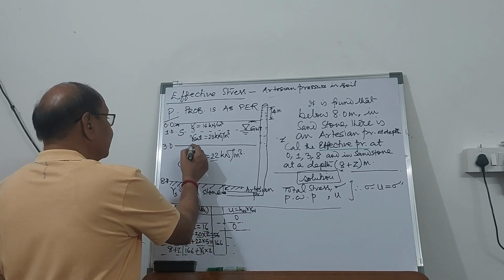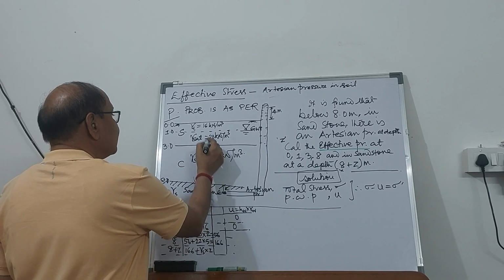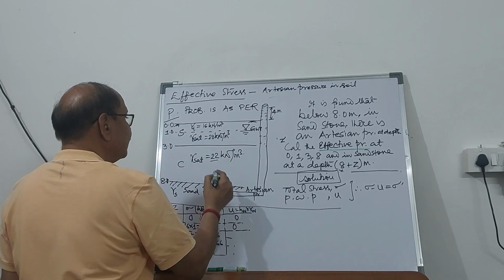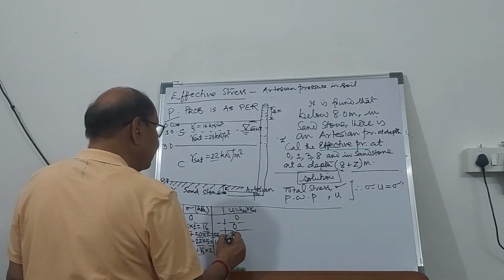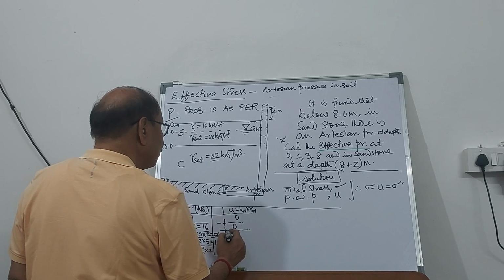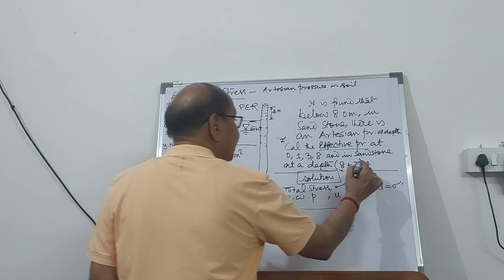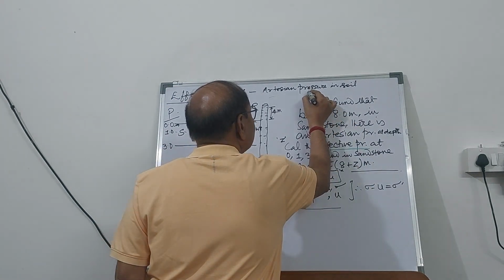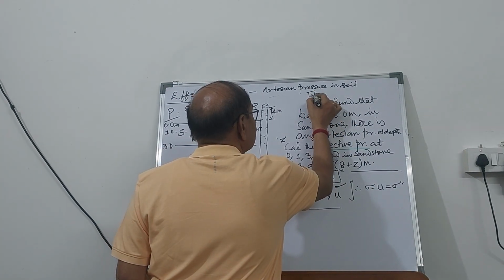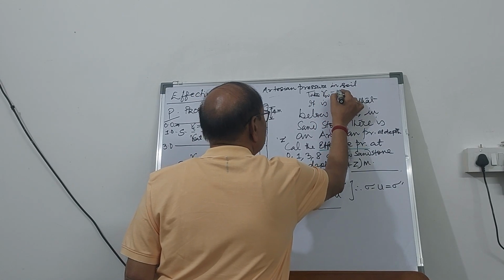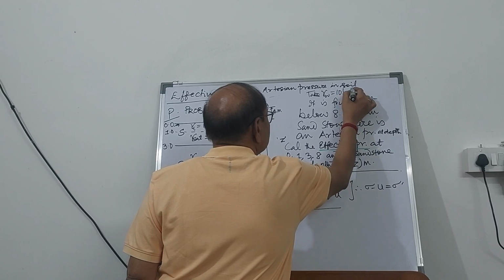At 3 meter, if you come over here and insert a piezometric tube, the water will rise up to 2 meter. So it is going to be gamma HW, HW becomes 2, and gamma W, the unit weight of water, equal to 10 kilonewton per cubic meter.